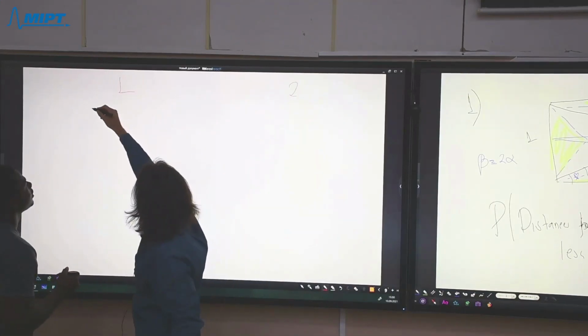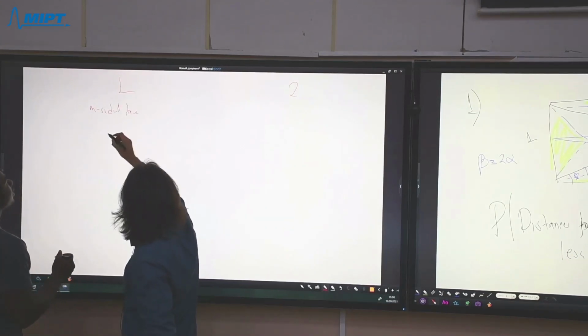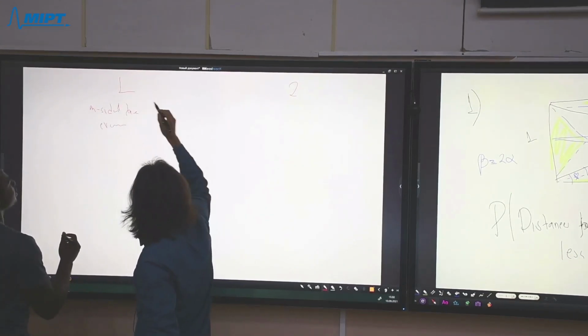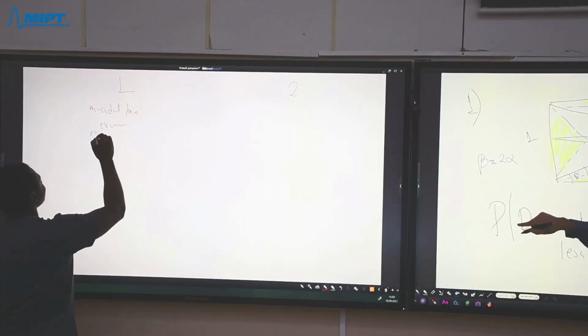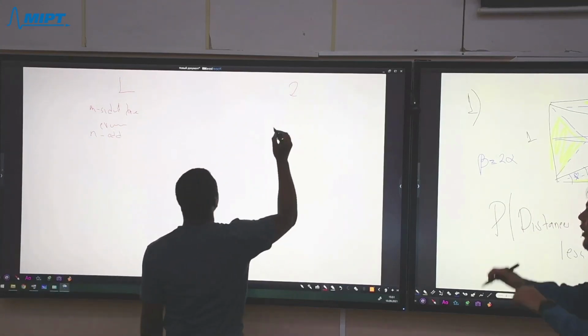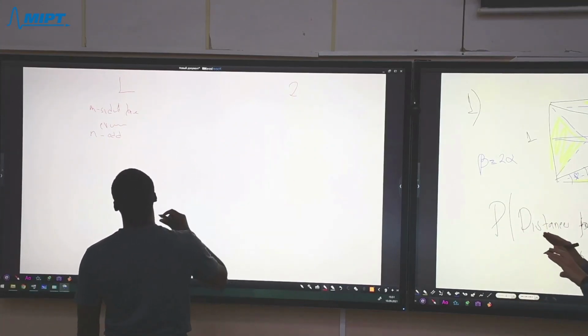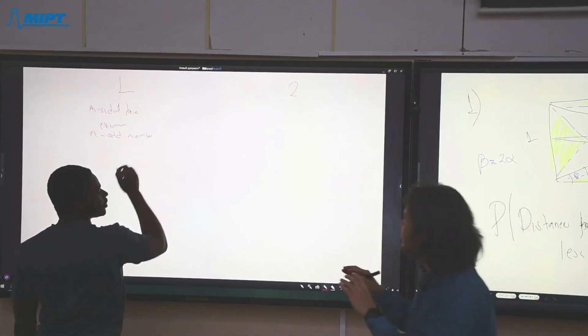So in the m-sided die, you get an even number, right? And in the n-sided die, you get an odd number. But don't write it like that.